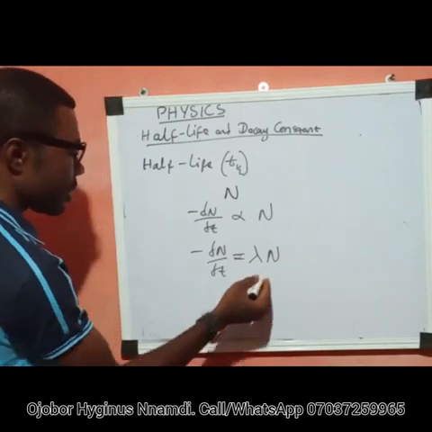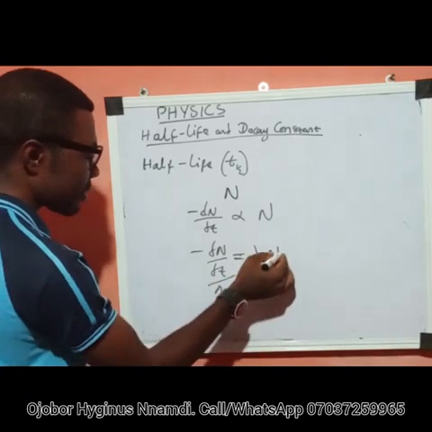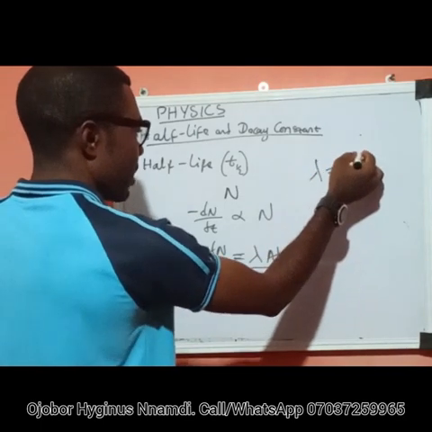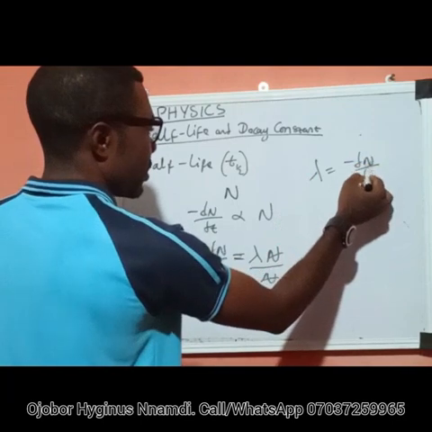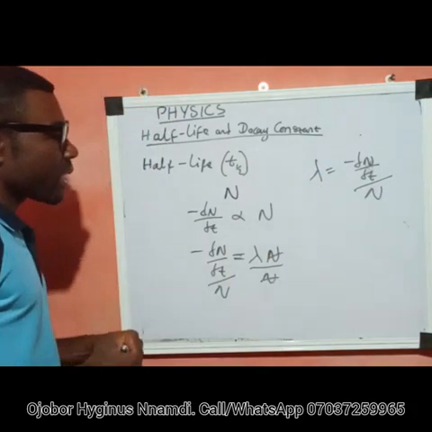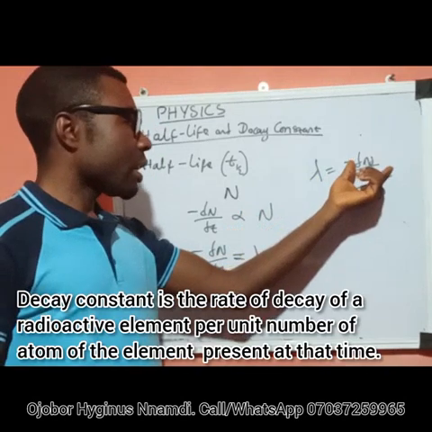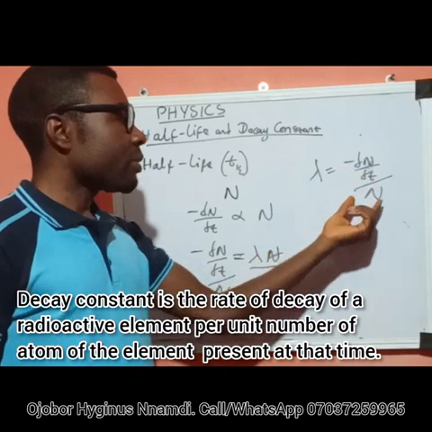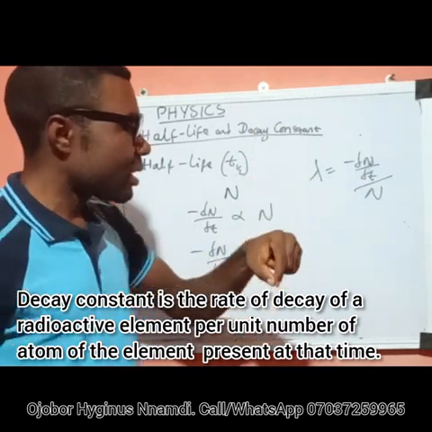Okay, and then if we divide this by N, this will cancel this, and the decay constant will become minus delta N over delta t, divided by N. That is the decay constant.